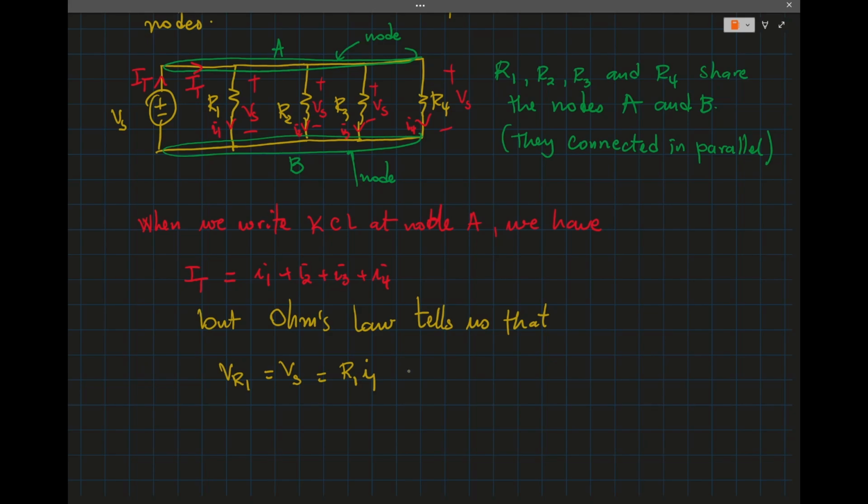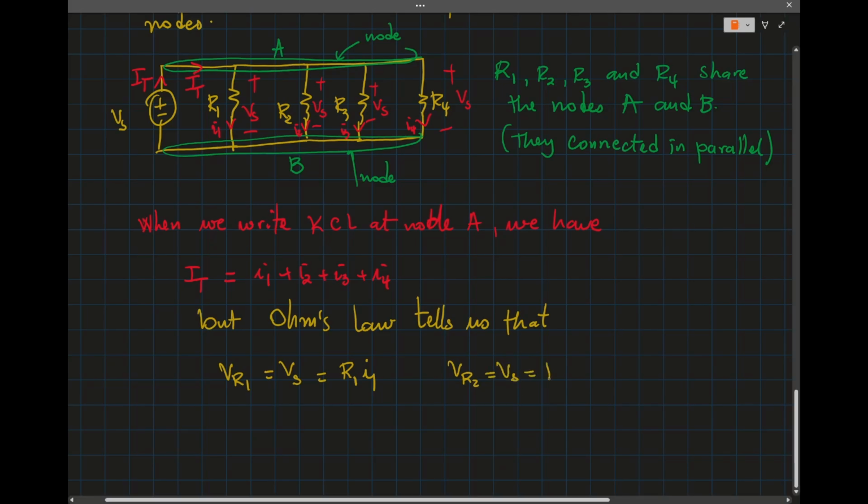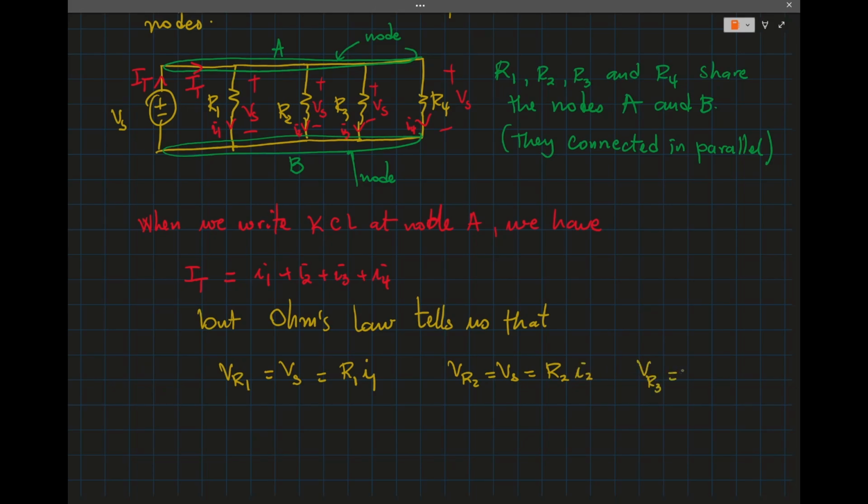Assuming VR1 is the voltage across R1, which is the same as Vs. Okay, so VR2 equals Vs also, equal to R2 I2. VR3 equals Vs, which is R3 I3, and VR4 equals Vs, which is R4 I4.